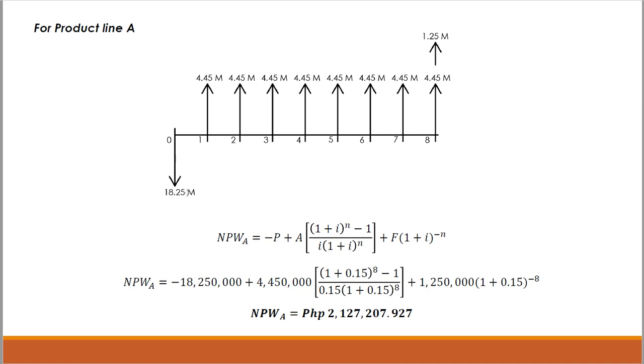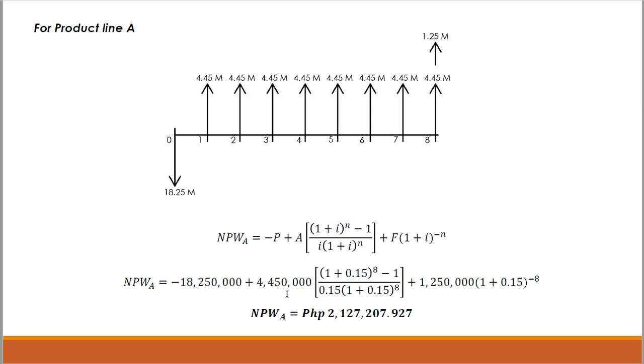So since downwards itong initial investment natin, negative siya dito. And then i-convert natin ito to an equivalent present value or present worth. Ito, annuities yan. And of course, yung salvage value, i-transfer natin yan sa present. So ito yung formula natin to do that. So again, substitute natin yung mga values sa equation na finorm natin. So ang ating principal or initial cost, ito.